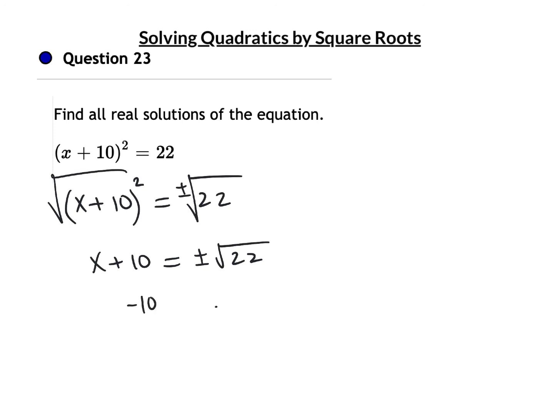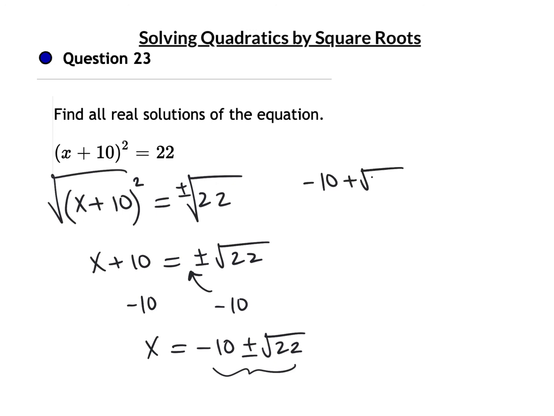We'll take a 10 off each side and pop that in front of the plus or minus. X equals -10 plus or minus root 22. This cannot be simplified. There are no like terms there. We'll write it as two answers, -10 plus the square root of 22 and -10 minus the square root of 22.